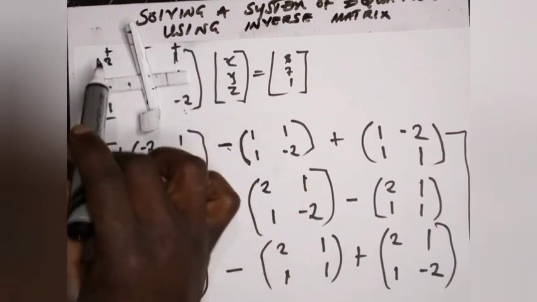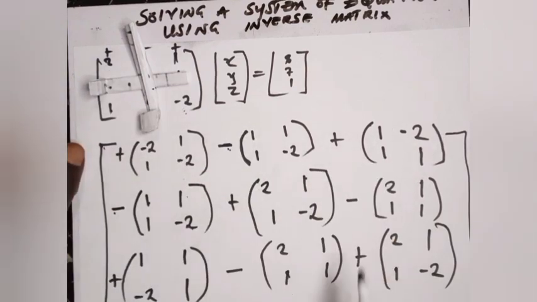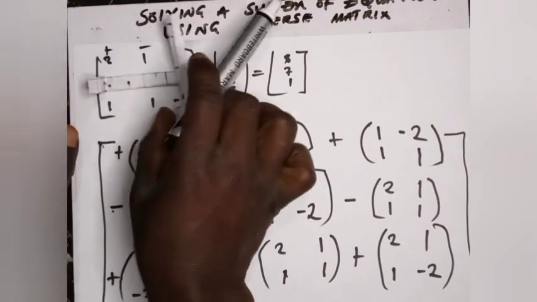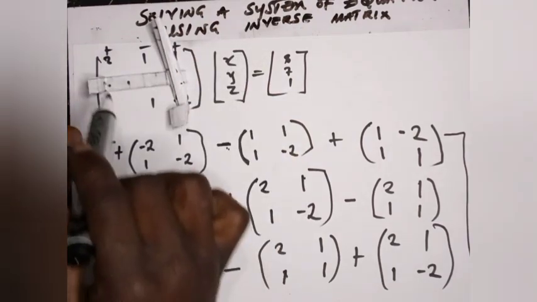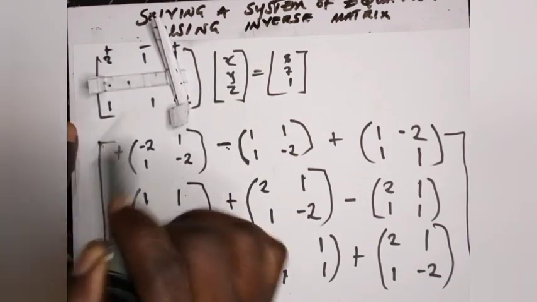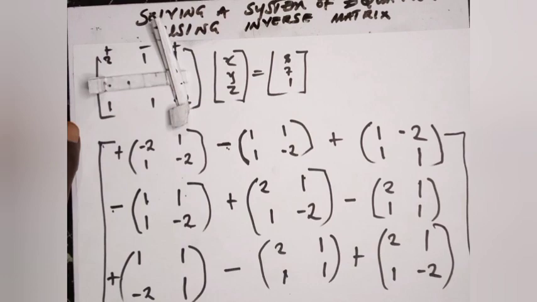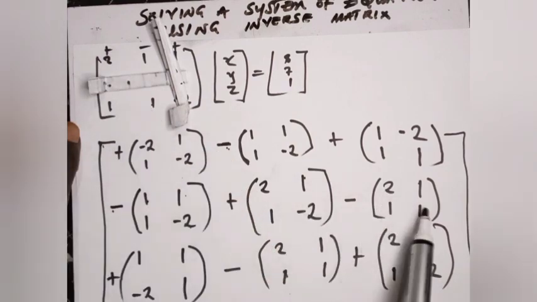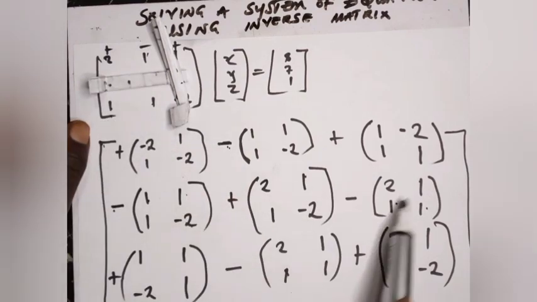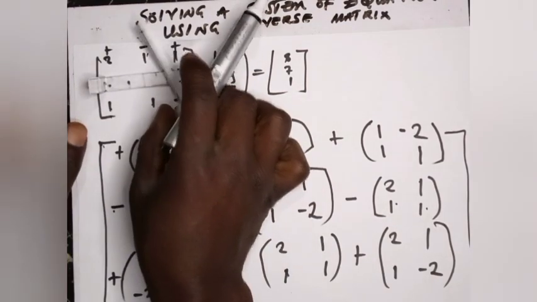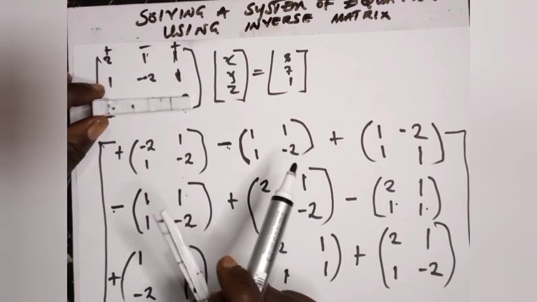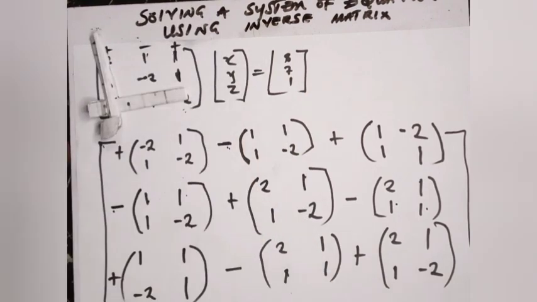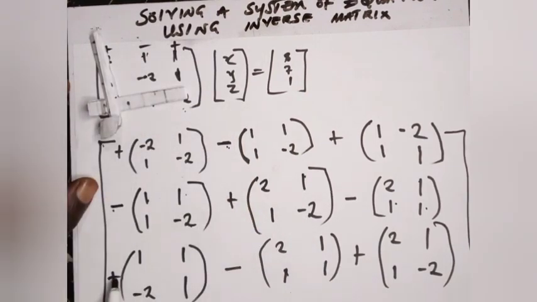Here it is 1, 1, 2, -2. Then the second row and the third column, which is 2, 1, 2, 1, 1, 1, 1, 1. Then last row, first column, you remain with 1, which is positive, 1, 1, -2, 1.